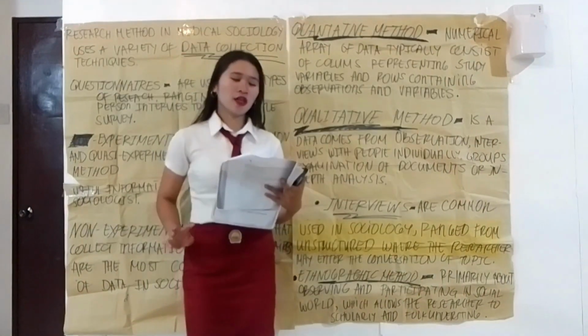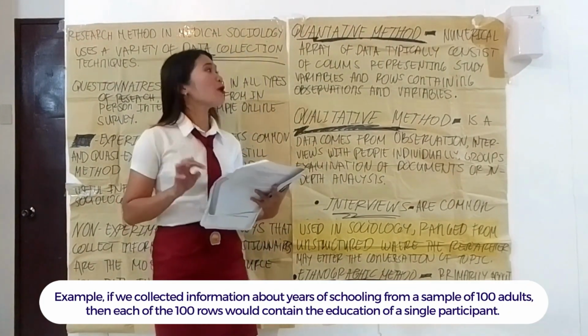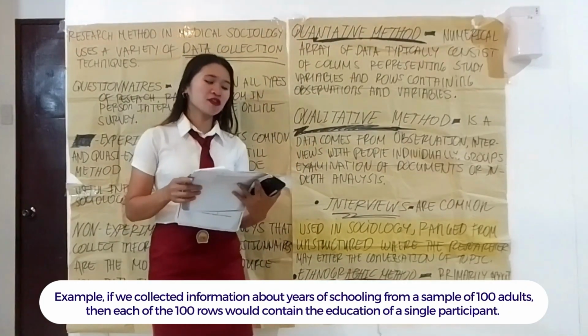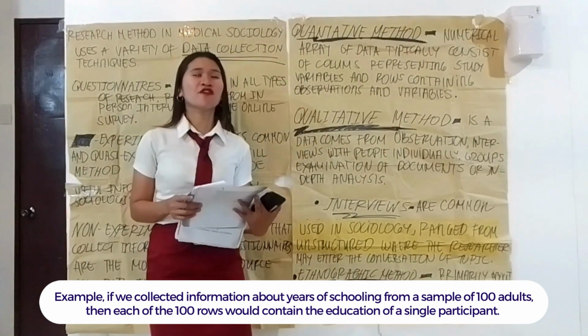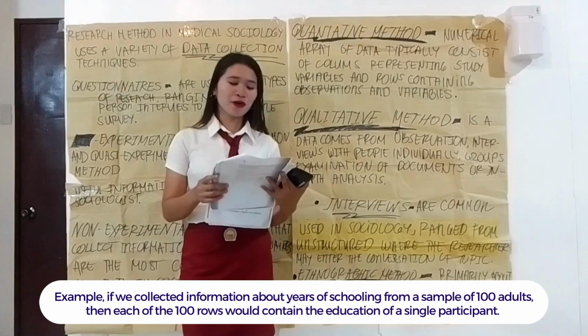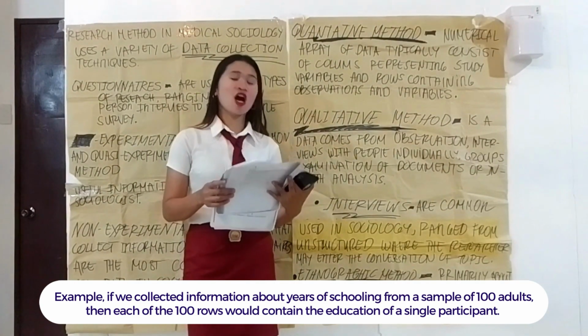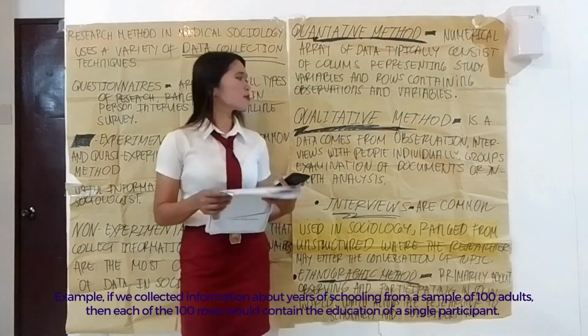For example, if we collected information about years of schooling from a sample of 100 adults, then each of the 100 rows would contain the education of a single participant.